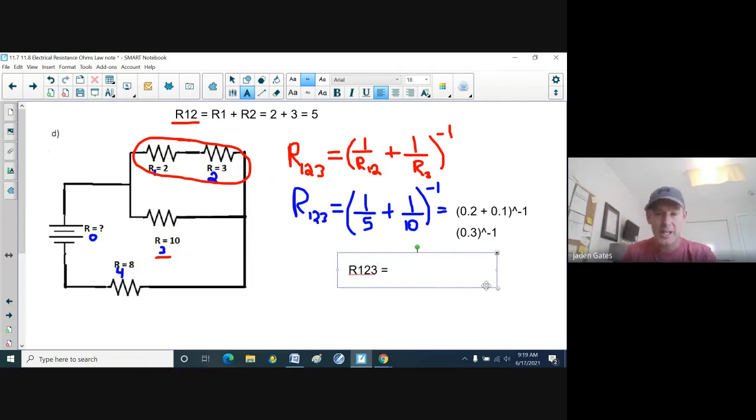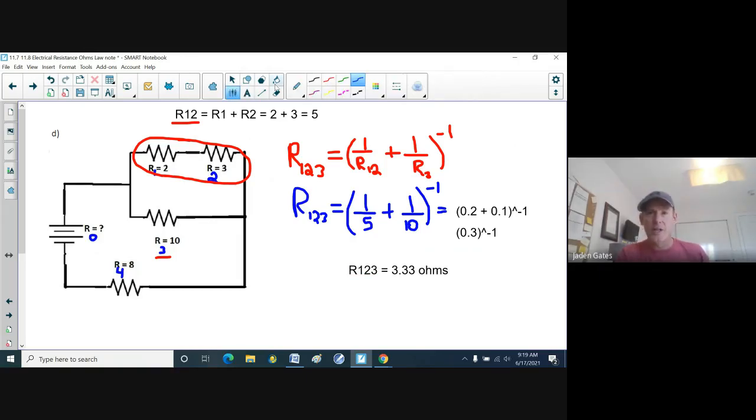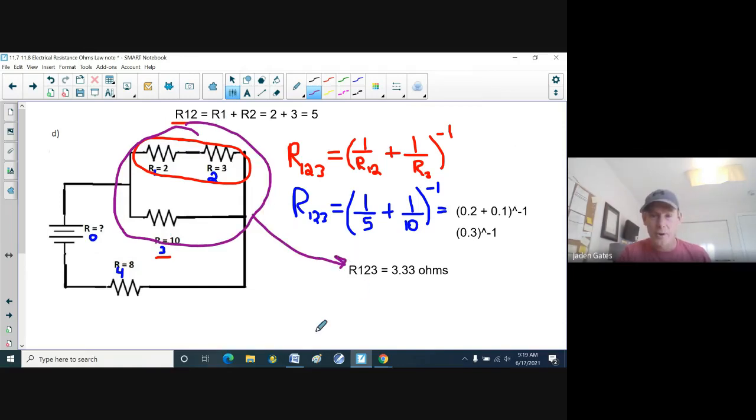It's called equivalent because it represents the same thing, looks different. And I'm getting 3.33 ohms. So I've figured out that this whole part is equivalent to 3.33.